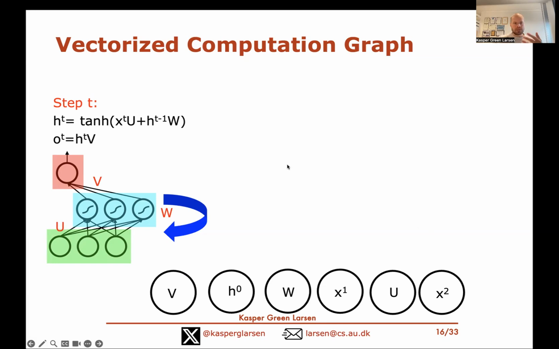If we follow these computation steps, first we do a vector matrix multiplication between the feature vector in step 1 and the U matrix.